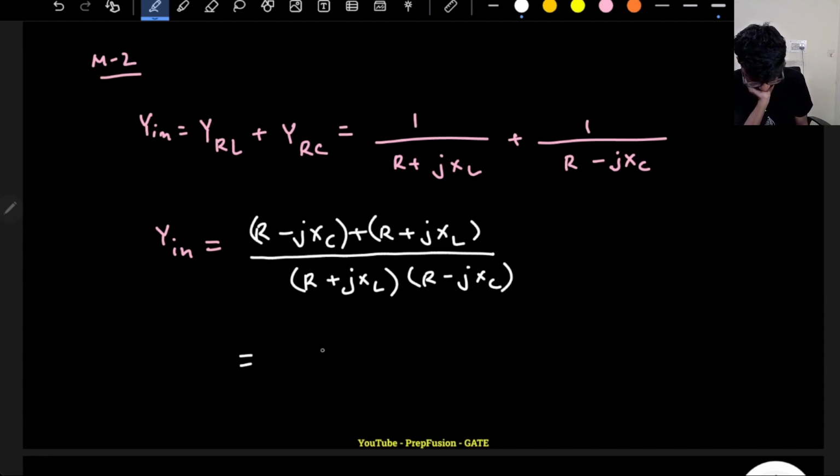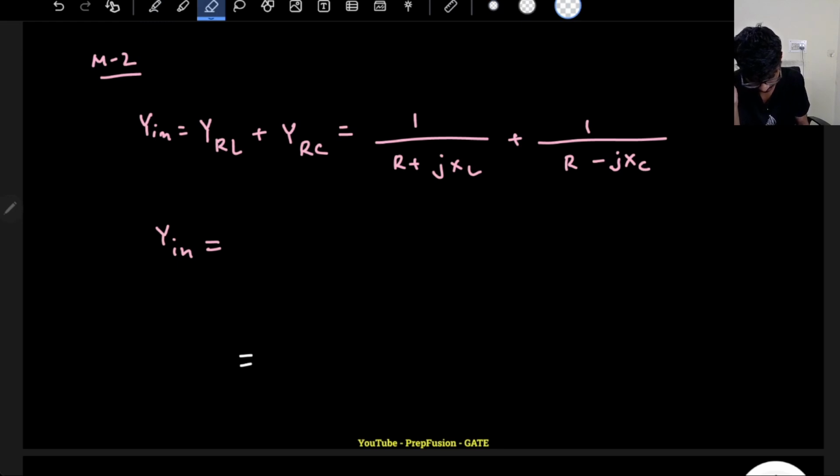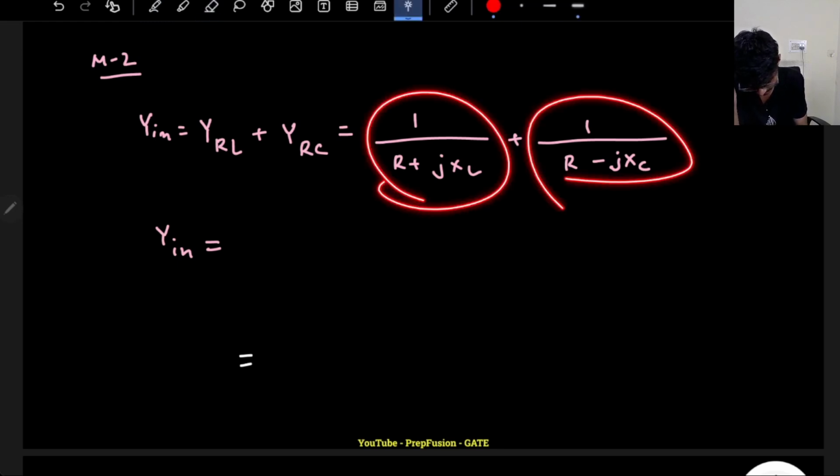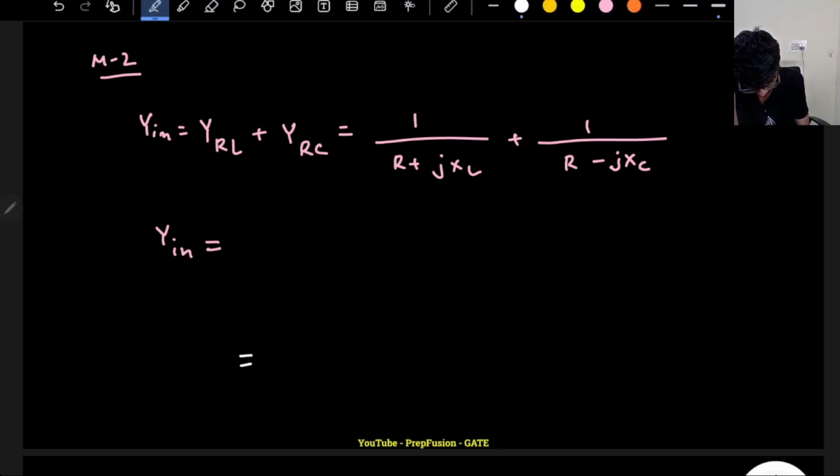This is very typical. Things are changing a bit. We should not directly add this, that is not the right way. First I will convert this into real and imaginary parts, so I will rationalize.